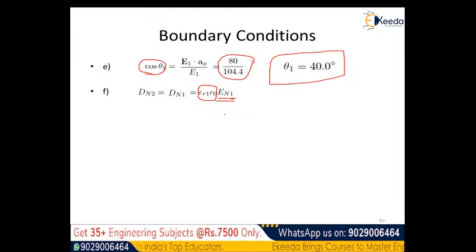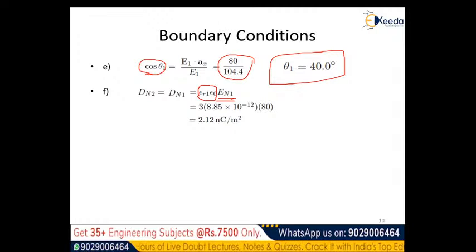Epsilon 0 is a constant, very well known to us, 8.854 into 10 raised to the power minus 12. And the answer of part A will be En1. So we put epsilon R1 equal to 3, epsilon 0 equal to 8.85 into 10 raised to the power minus 12, and En1 equal to 80. So this multiplication will be equal to Dn2.